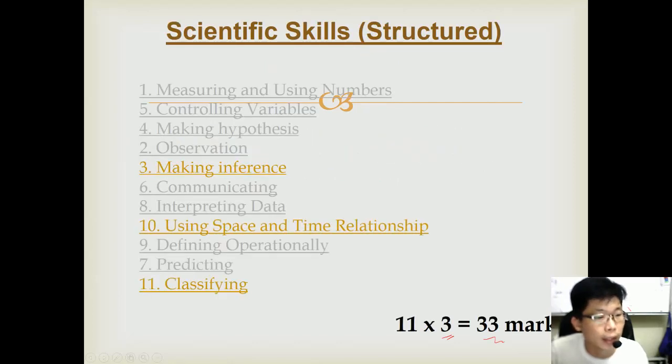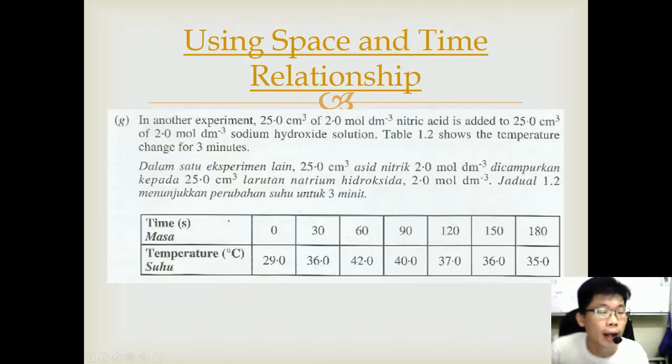Okay, next is using space and time relationship. Every year there will be a question related to time. Your answer should sound like this: the longer the time, what will happen?